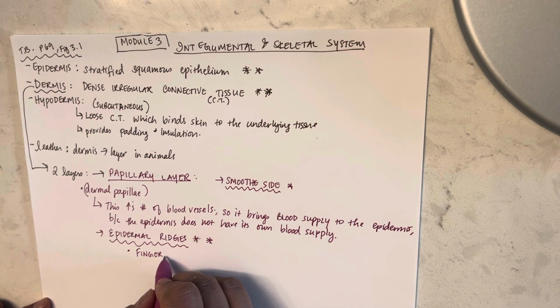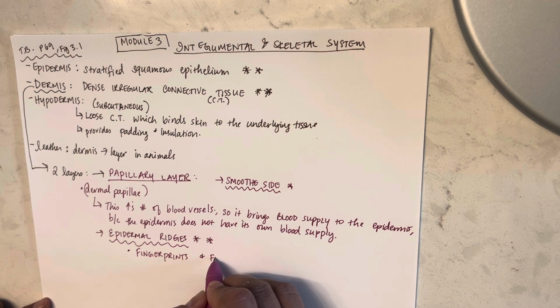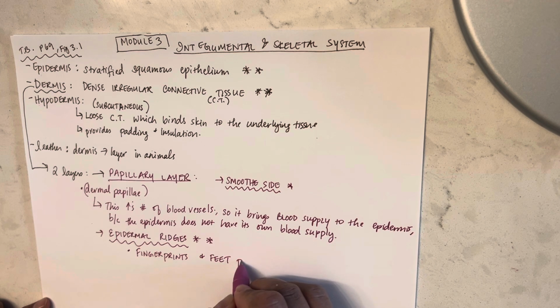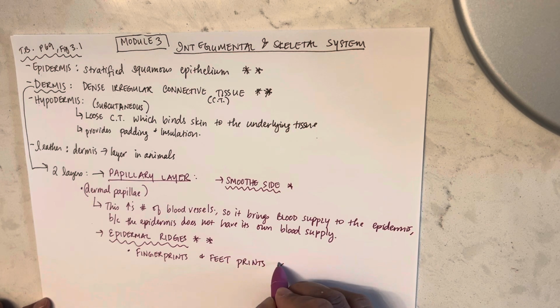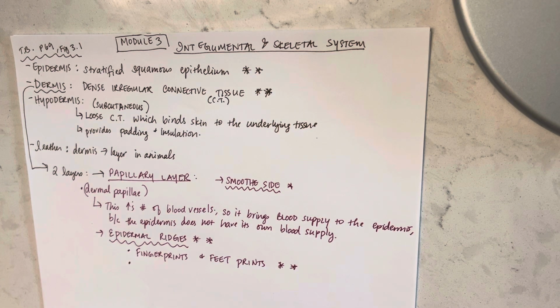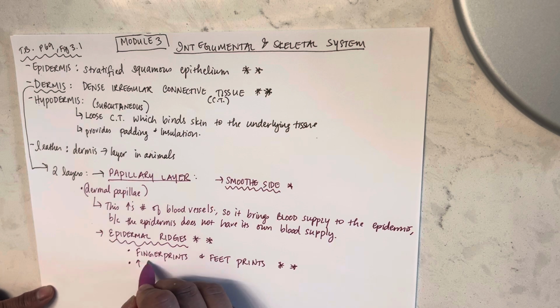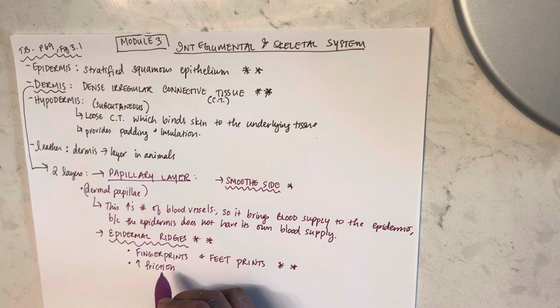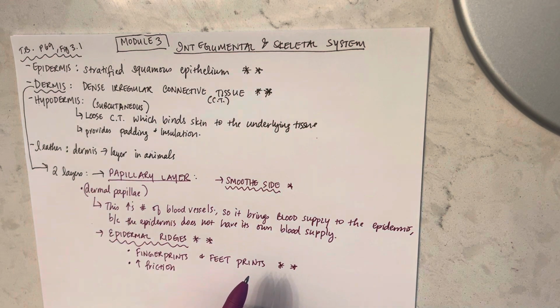This is a test question. Okay, so make sure you know this. What's the importance of epidermal ridges? It increases friction. Okay, now why do you need increased friction? It helps you grasp things, okay?